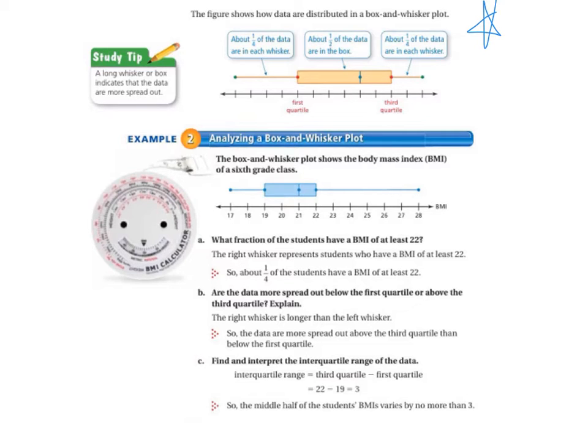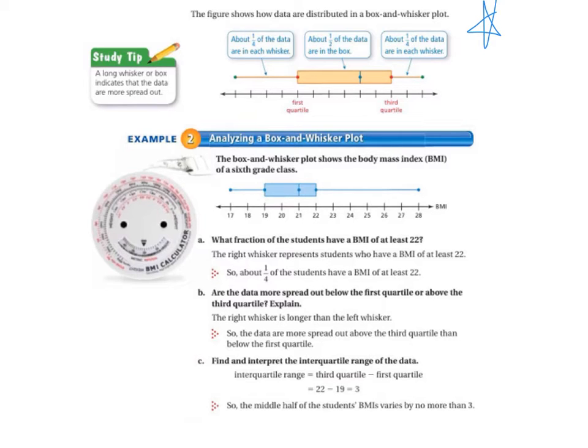In example 2, we're analyzing a box and whisker plot. The box and whisker plot shows the body mass index of a 6th grade class. Letter A, what fraction of the students have a BMI of at least 22?